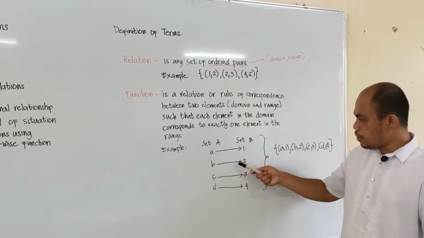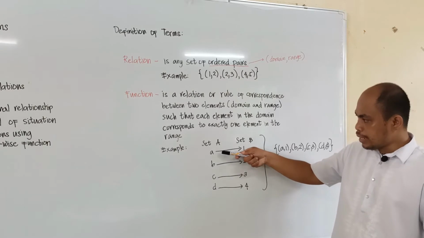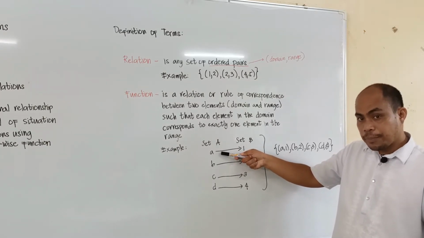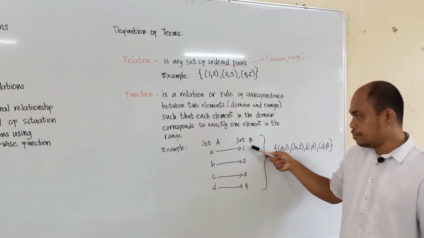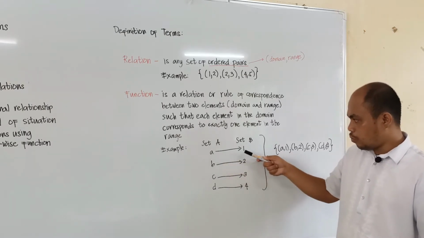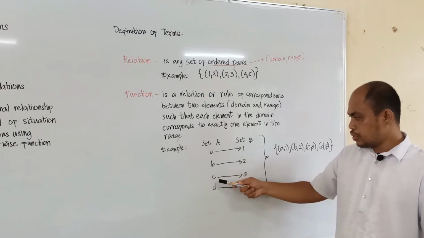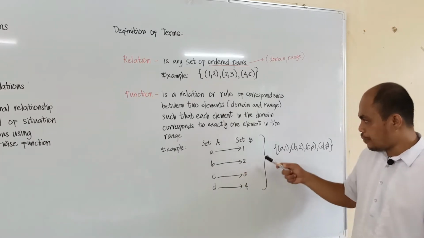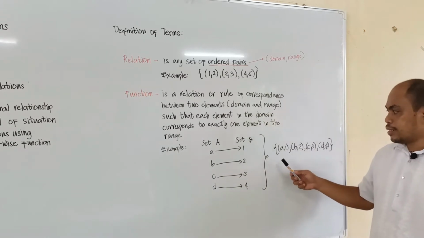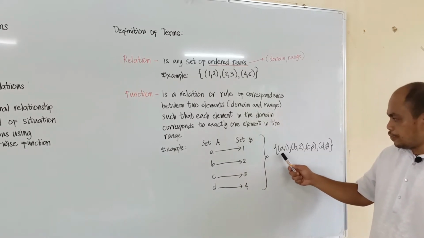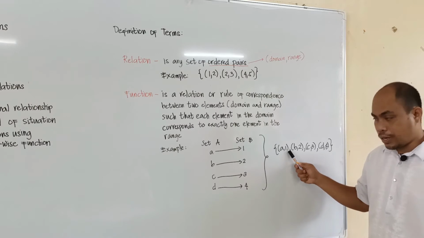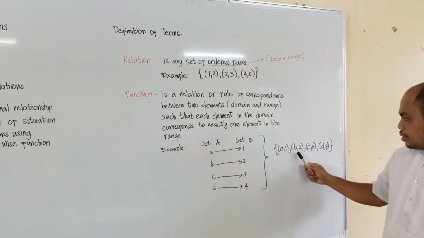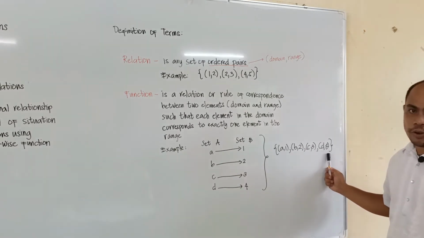As you observe here, each element in A is paired with exactly one element in B. A and 1, B and 2, C and 3, and D and 4. To write this in set form, A becomes our domain, and 1 becomes our range. So we have A1, B2, C3, and D4.